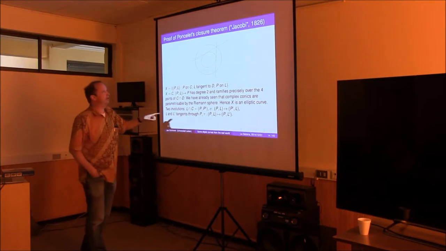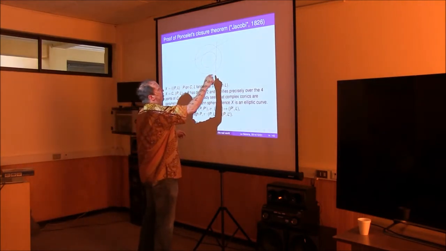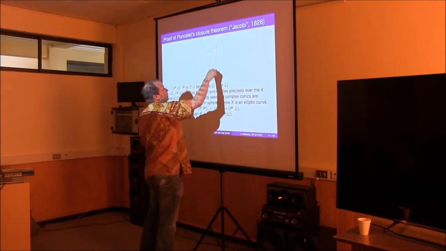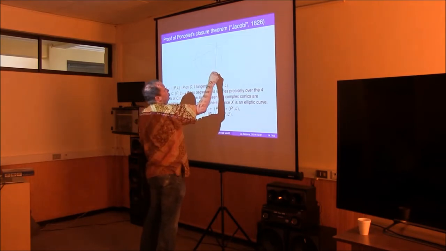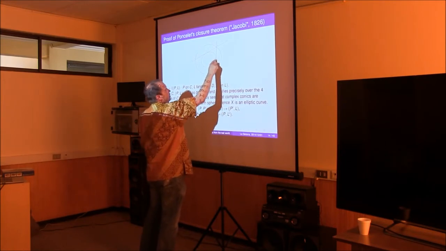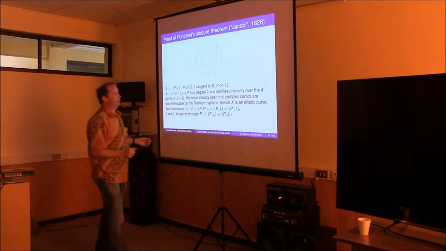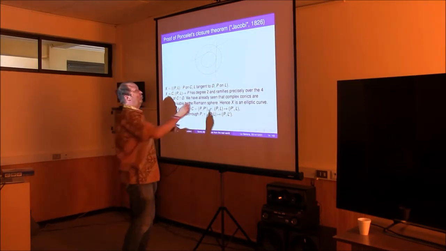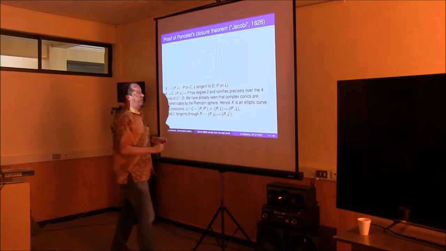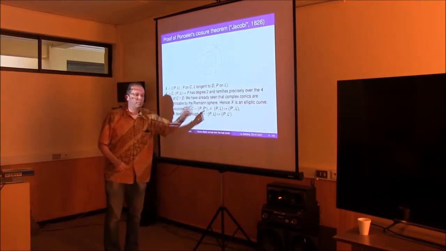So suppose I have this point and that line, then I can also go to this other point, where the line intersects C. If I call them P and P prime, then I go from P, L to P prime, L. That is what we call sigma.